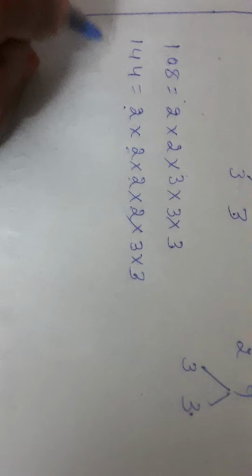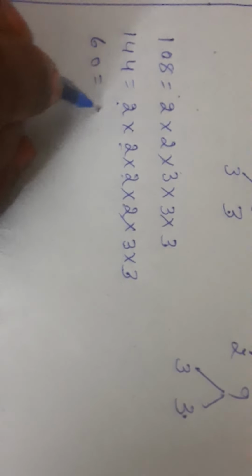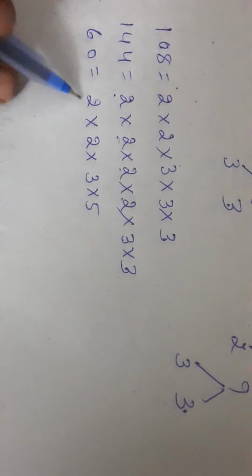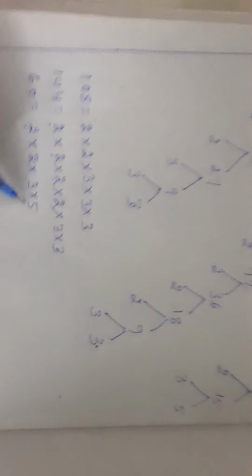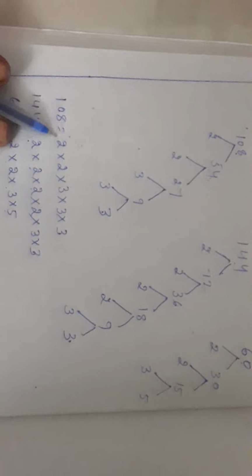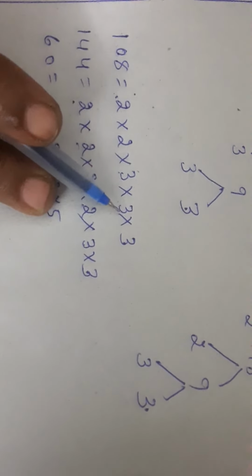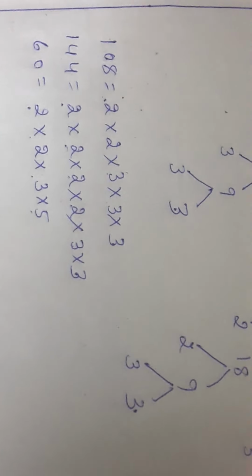Next 60 we can write as 2 into 2 into 3 into 5. 2 2s are 4, 4 3s are 12, 12 5s are 60. 108: 2 2s are 4, 4 3s are 12, 12 3s are 36, 36 3s are 108.